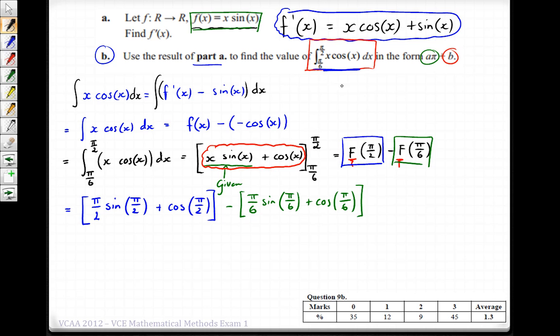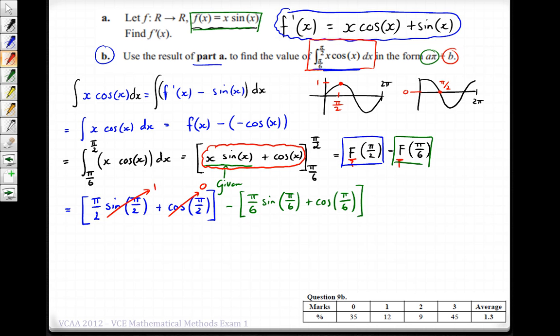So if I just graph sine roughly and cosine roughly across, that's a period of 2 pi. So sine of pi on 2 is going to be 1, and cos of pi on 2 is going to be 0. So again, that's 1 and that's 0.